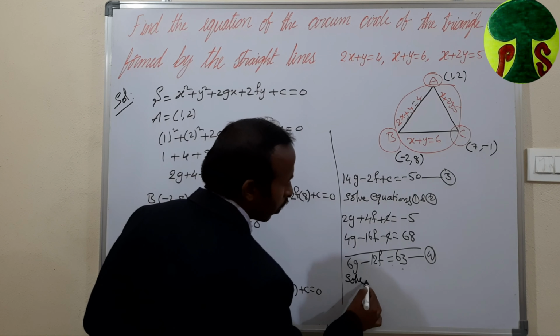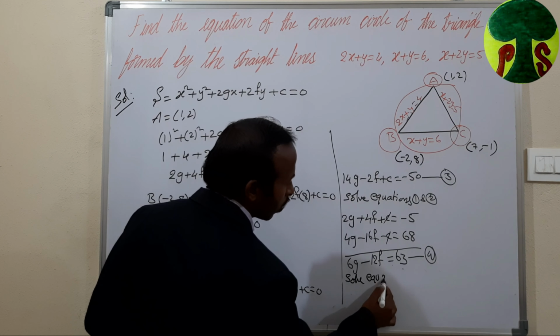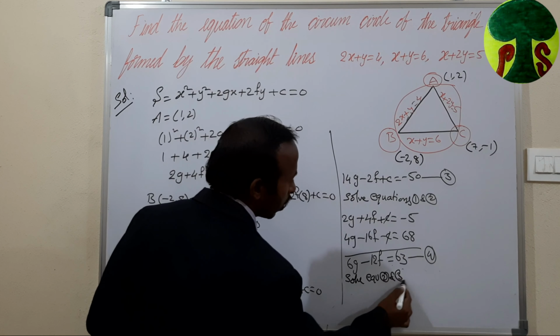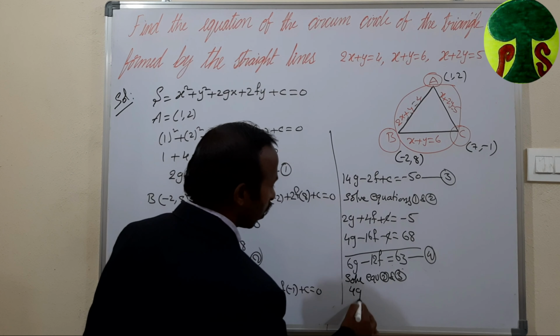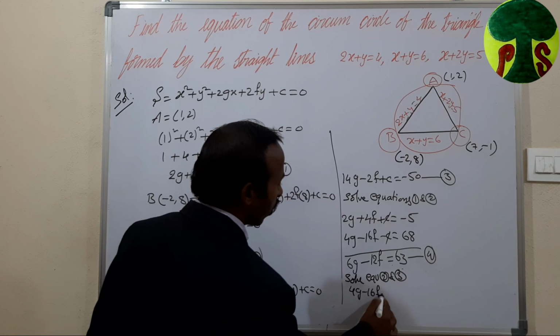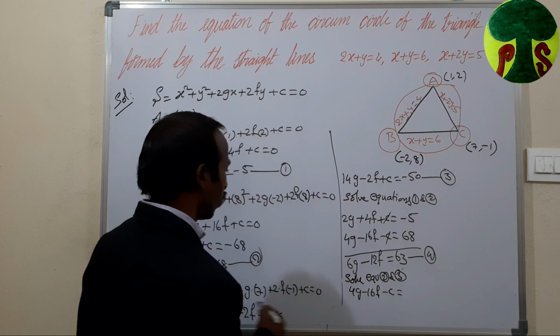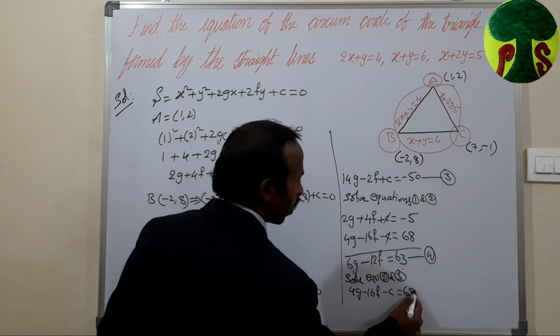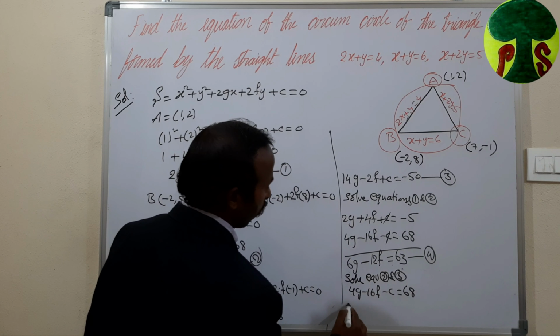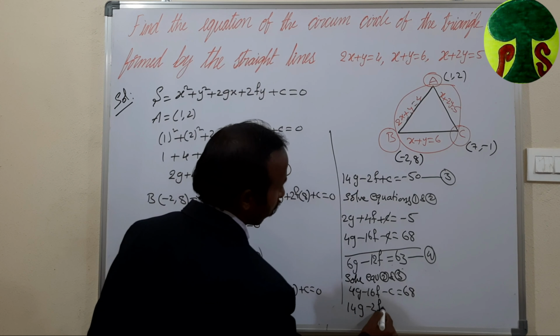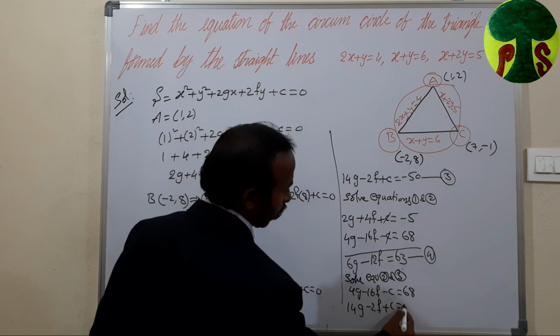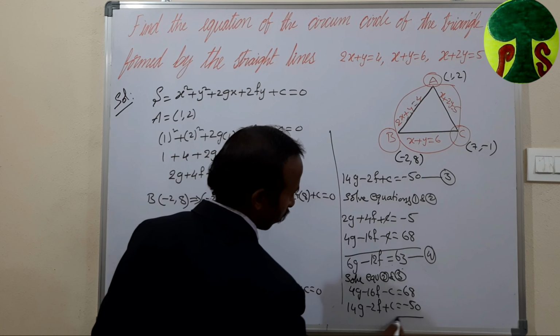Solve equation 2 and 3. Here second equation is 4g minus 16f minus c equal to 68. And third equation is 14g minus 2f plus c equal to minus 50.